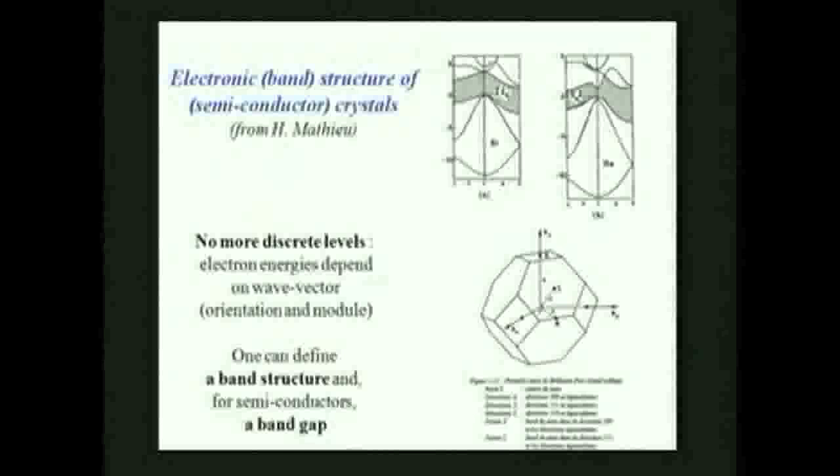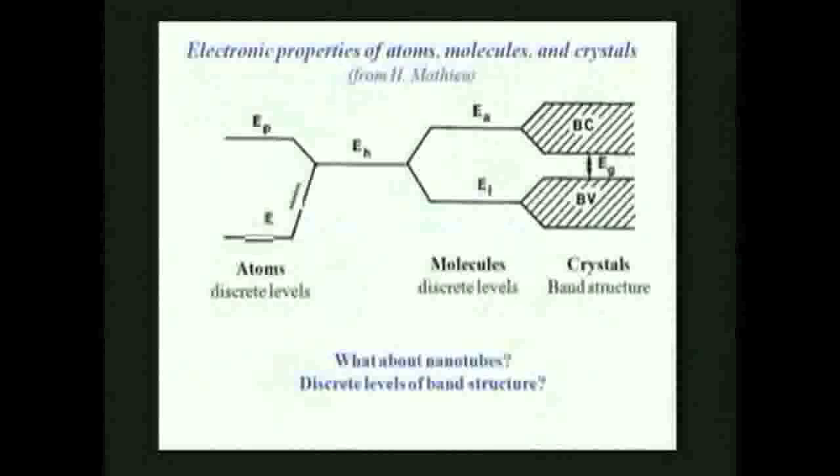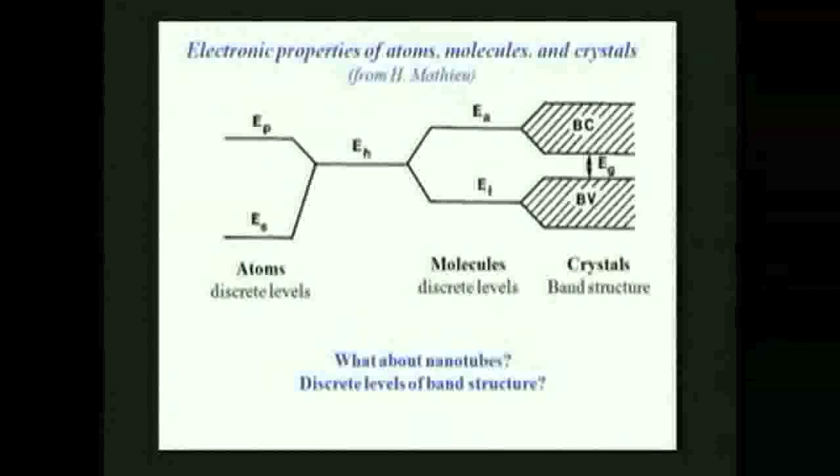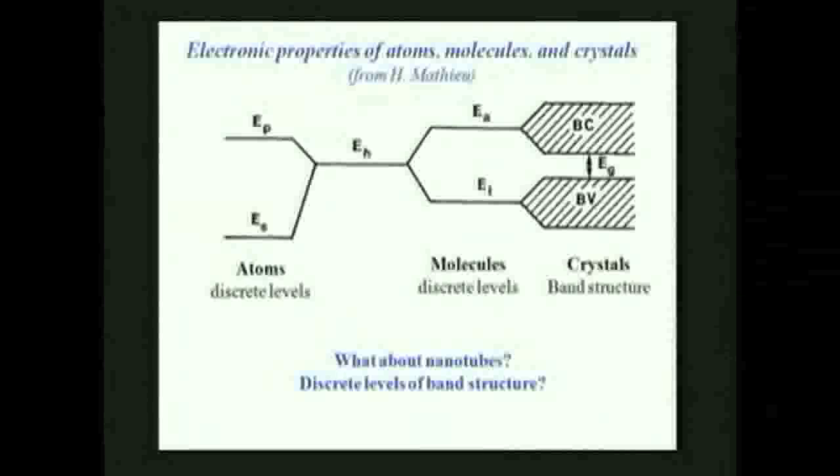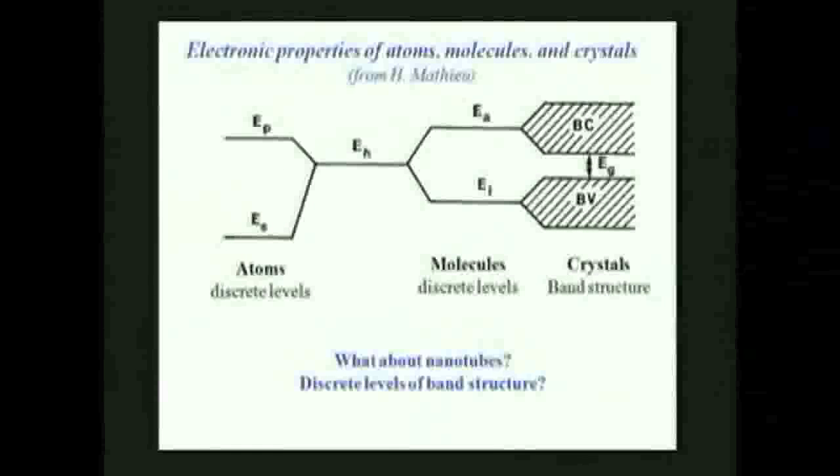Okay, so now we come to nanotubes. We have two kinds of systems, atoms and molecules, where the electronic properties are described by discrete levels. These are the discrete levels of atoms. Then they combine together to form the discrete levels of molecules.